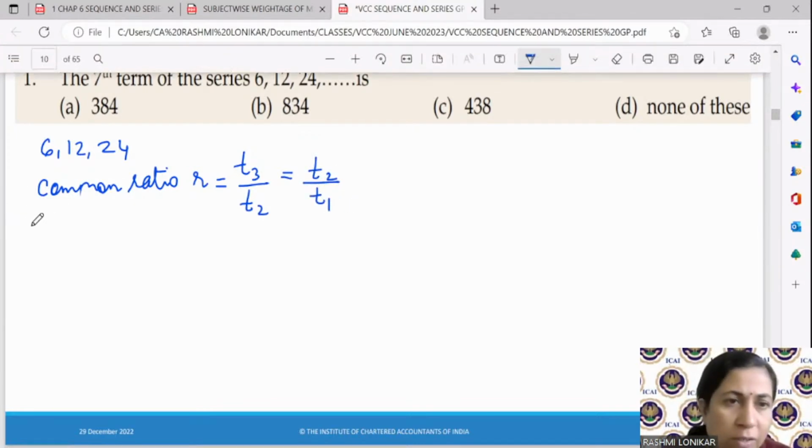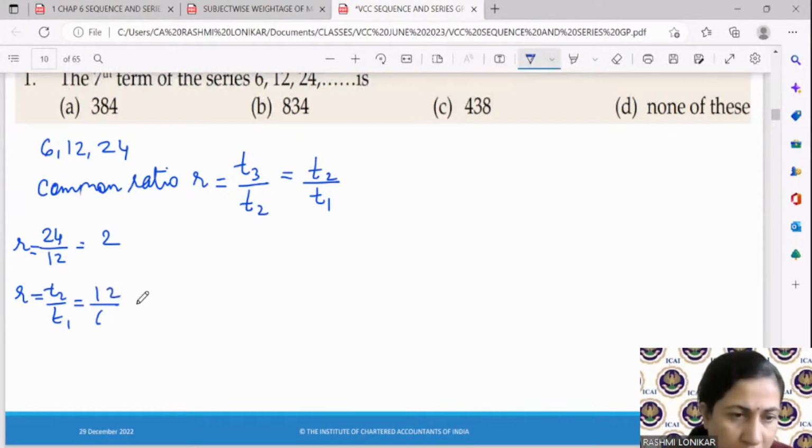So let us see what is the third term. 24 upon 12. So R is 24 upon 12, value is 2. And let us see second term upon first term. So T2 upon T1. What is second term? 12. What is first term? 6. So this is also equal to 2.